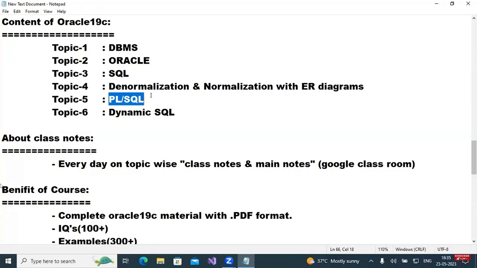In Java, can you interact with functions? Yes or no? User-defined functions, how to create a public function name. Here also we have functions. In Java, you have exception handling, so how to handle runtime errors. The same, PL/SQL also has exception handling.